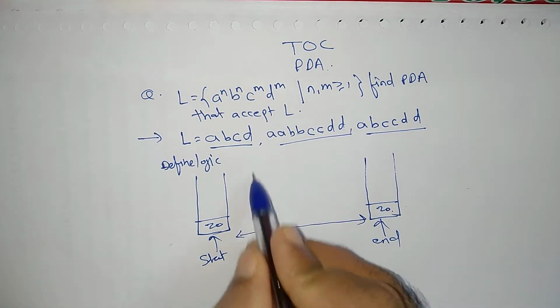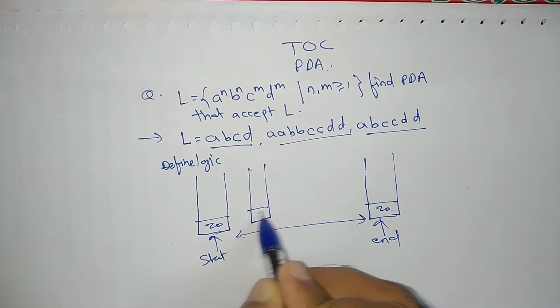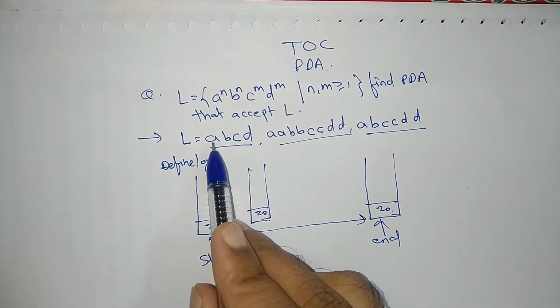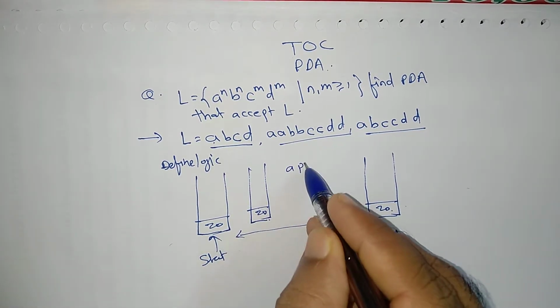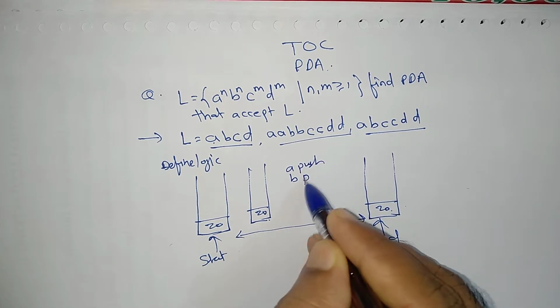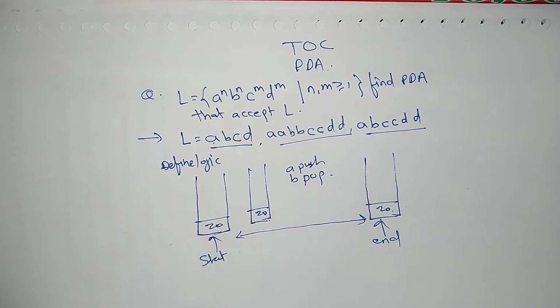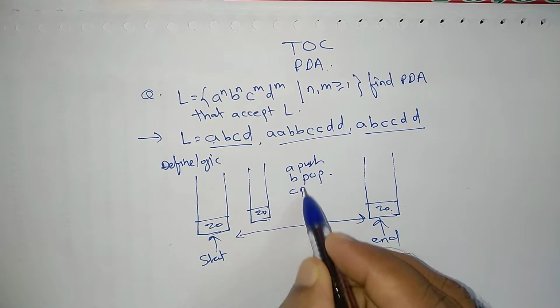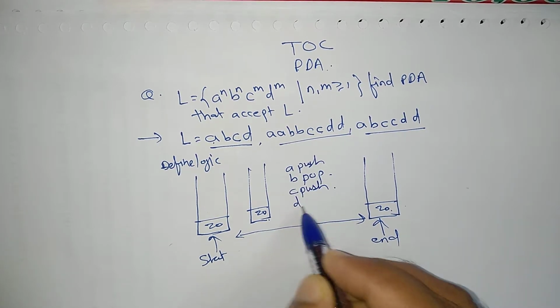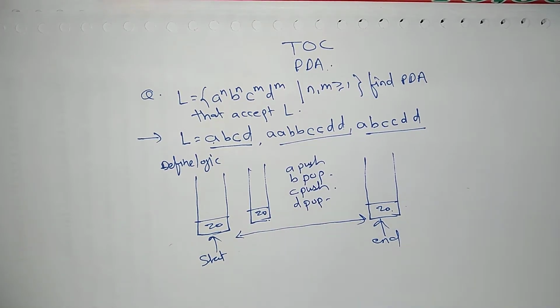So let's consider Z0 as the starting symbol. When A comes, I will push the element, and B I will use to pop the element. When C comes, I will push the element. When D comes, I will pop the element.